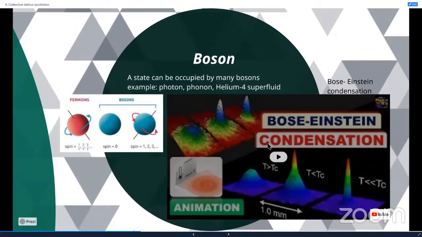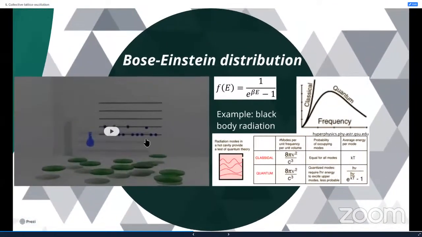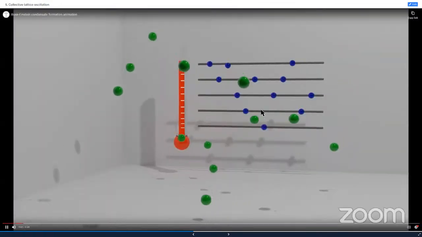Even though for atoms as a whole it only occurs at low temperature, in solid this phenomenon is observed in phonon transport. So let's now focus more on the energy.